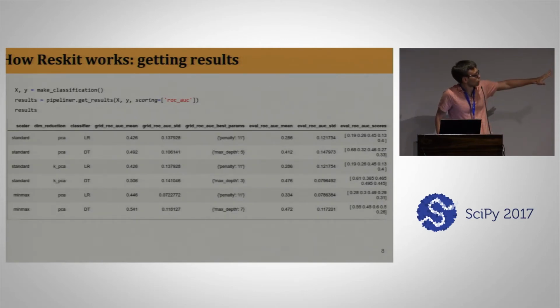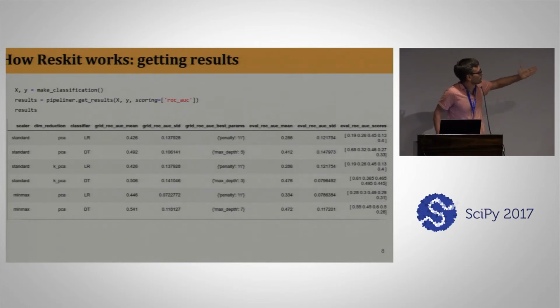Here is how it works. We see it's essentially the same table, but a pipeliner is added, there is a method to get results, and we provide data and a scoring function. In this case, it's area under a curve. It essentially goes line by line, fills the table, and outputs the results of experiments.